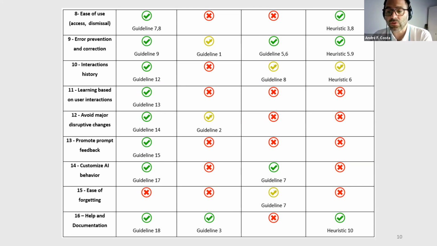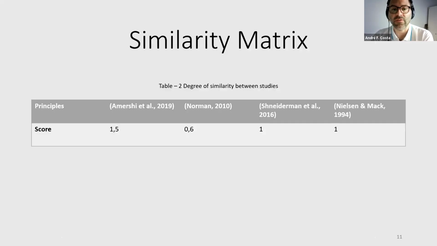Learning based on user interactions, avoiding disruptive changes, promoting prompt and granular feedback through the use of the system, customizing AI behavior, ease of forgetting by providing a simple access option to erase users' data and preferences, and help and documentation are the rest of this set of guidelines, which we have to present in a brief way here in the presentation time given.